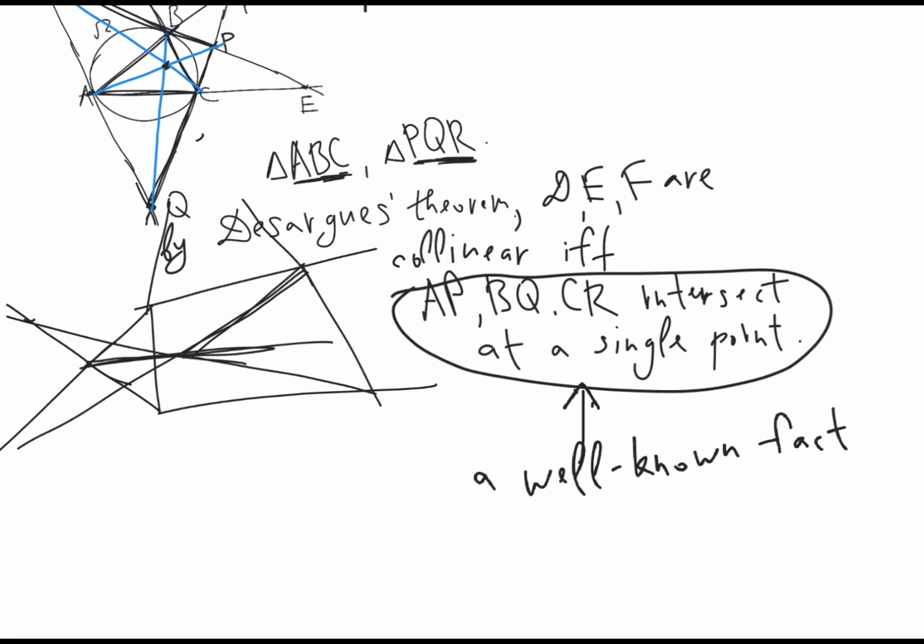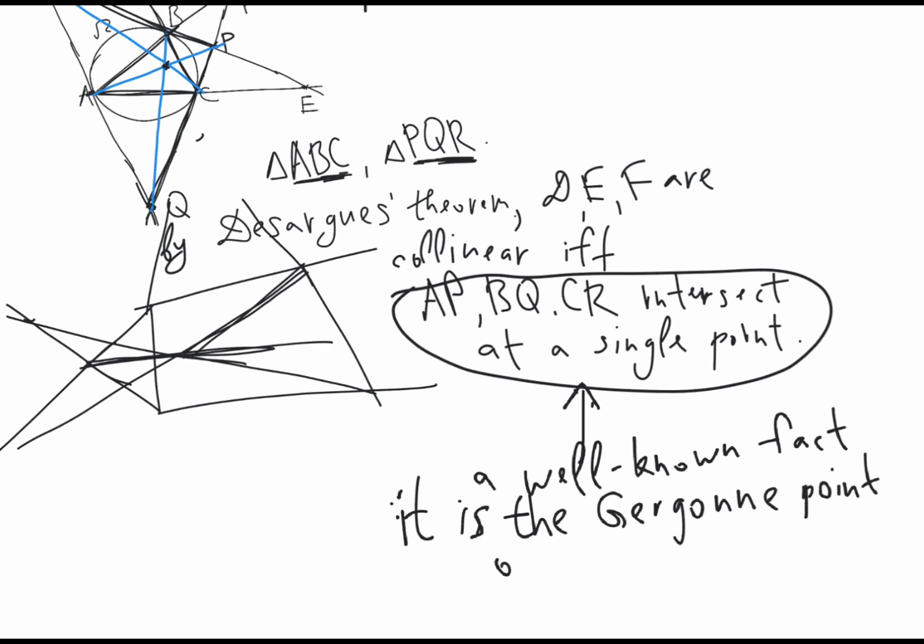These three lines intersect at a single point, the Gergonne point of the triangle PQR.